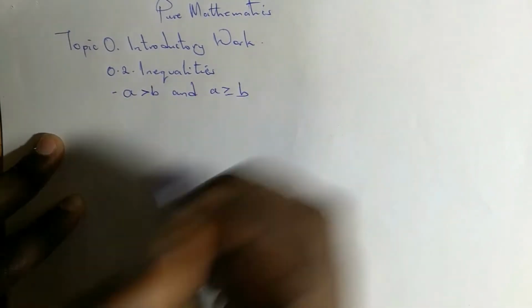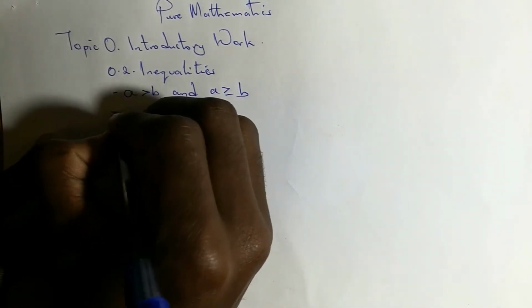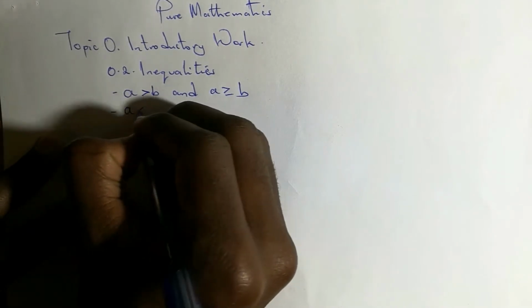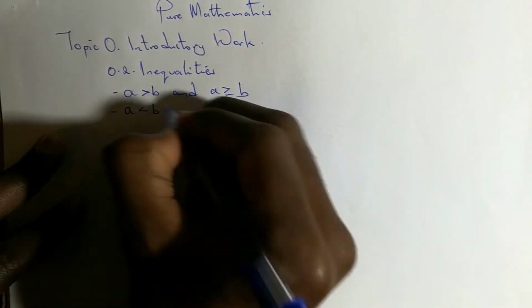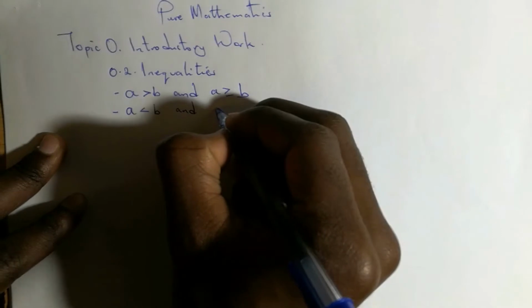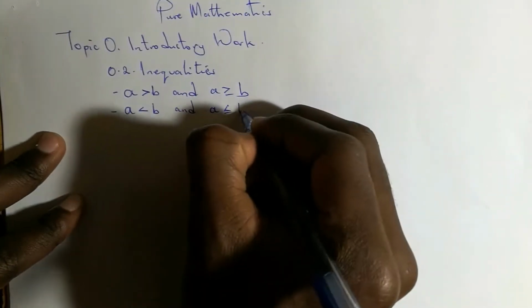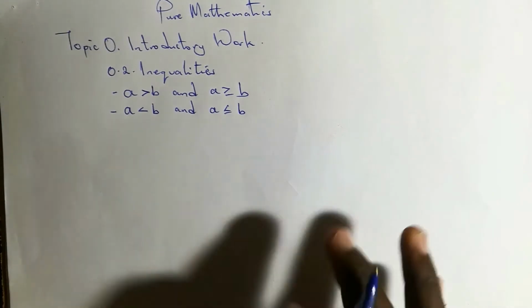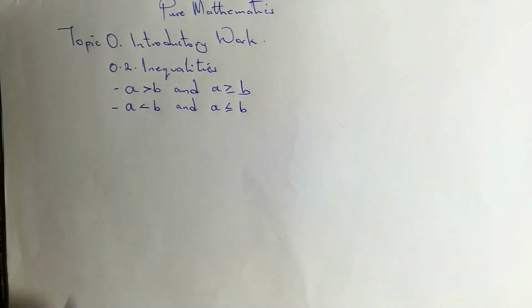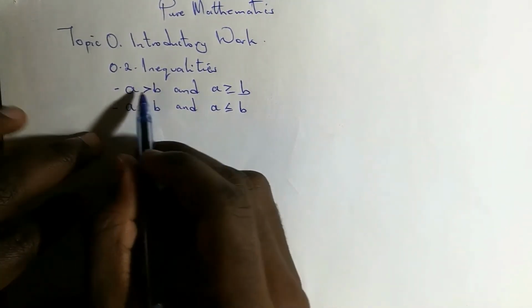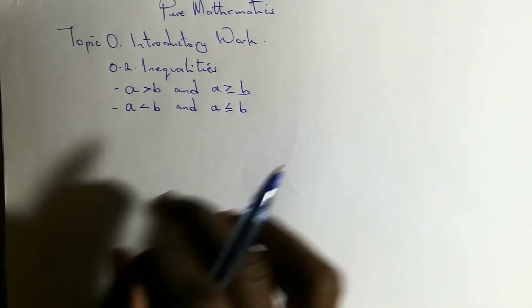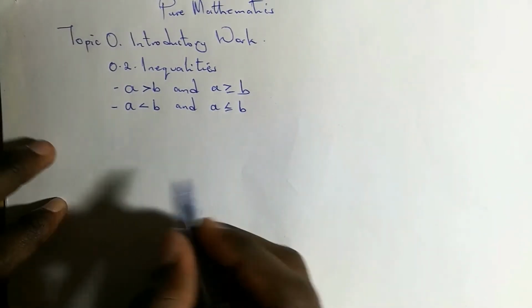And this. We also need to be familiar with this and this. That's the first things we should know, and we need to know what each one of these four inequalities mean.